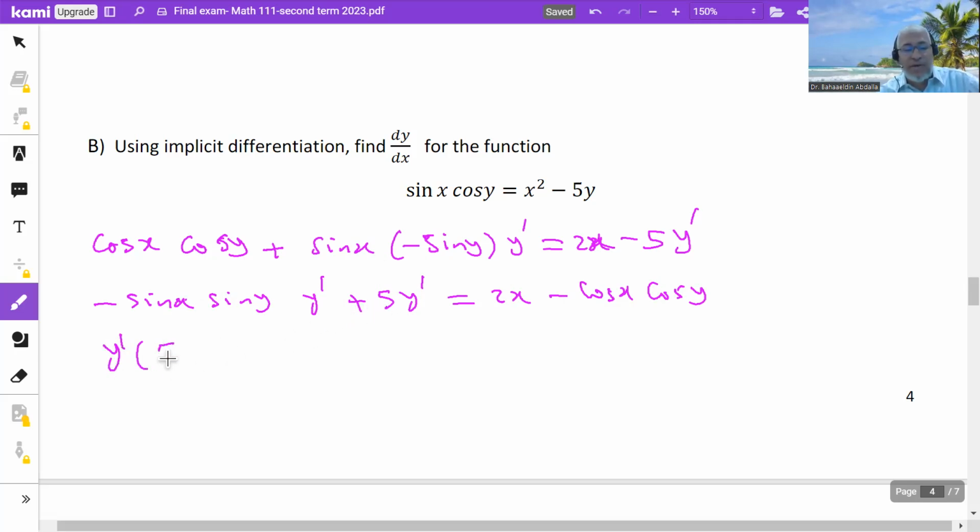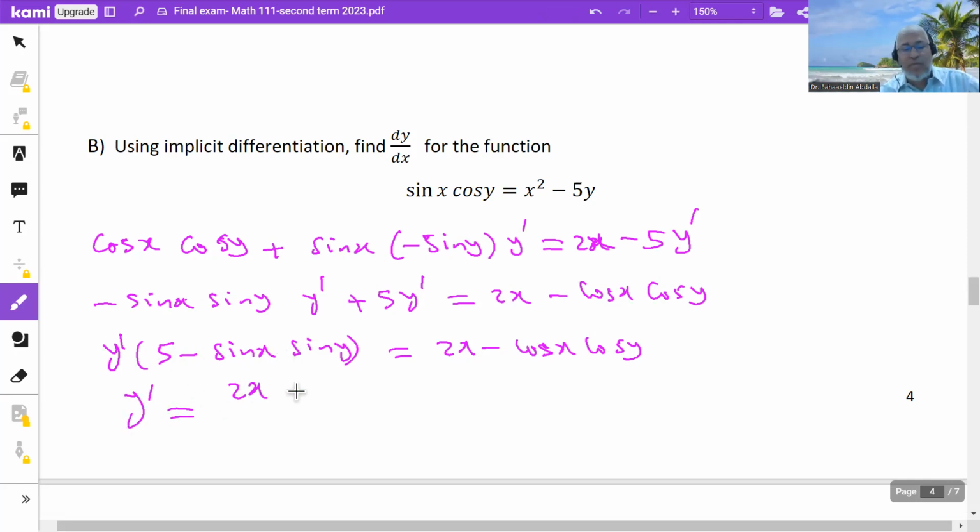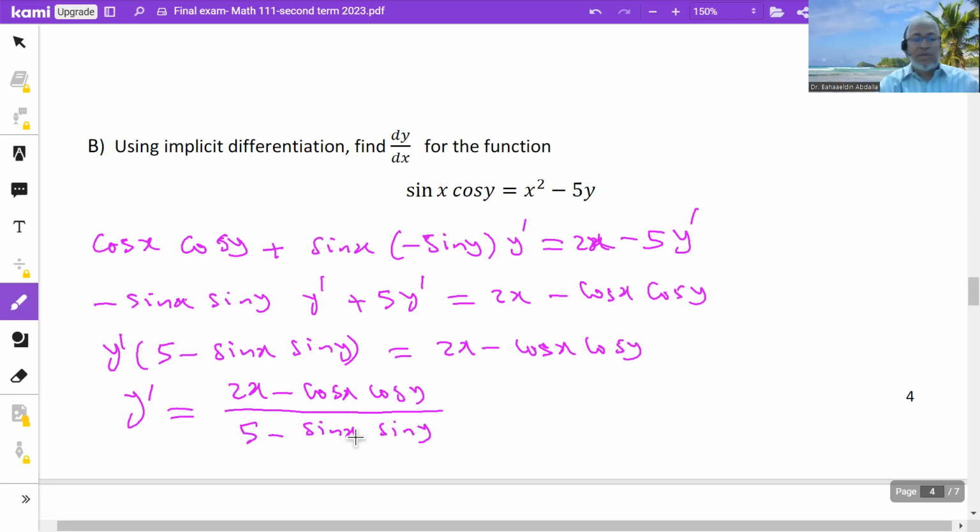I can write 5 first, minus sine x sine y equals 2x minus cosine x cosine y. And then I divide by the coefficient of y prime. So this would be the final answer. This is y prime.